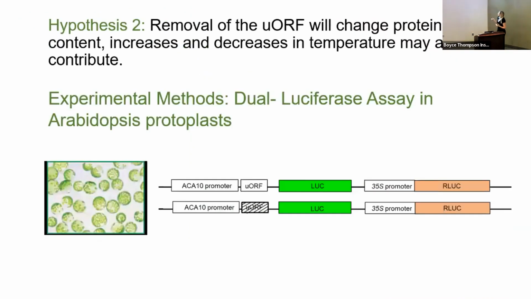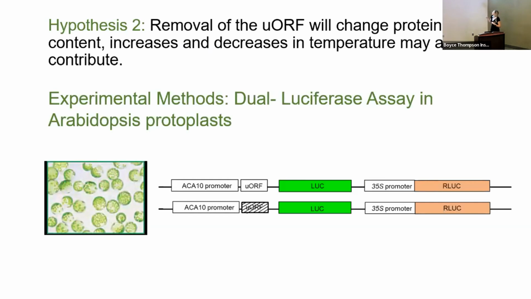To address my second hypothesis that removal of the uORF will change protein content and this may be responsive to temperature, I've conducted a dual luciferase assay with Arabidopsis protoplasts. Arabidopsis protoplasts are single cells with the cell wall removed that can test for transient gene expression and promoter activity. And the way the dual luciferase assay works is I am testing for the fluorescence of 2 proteins, luciferase and Renilla.